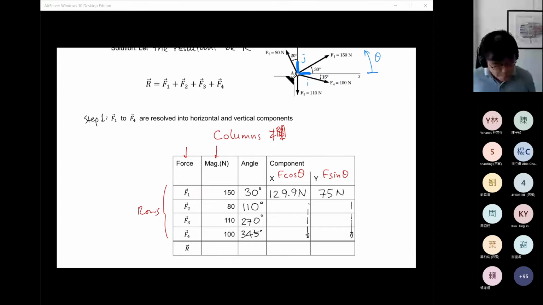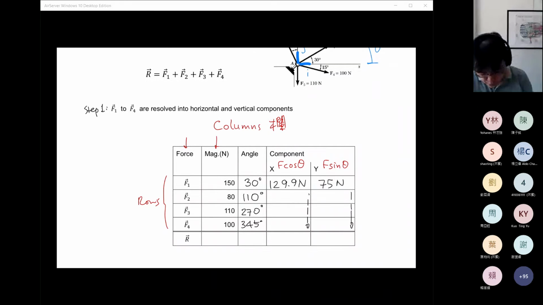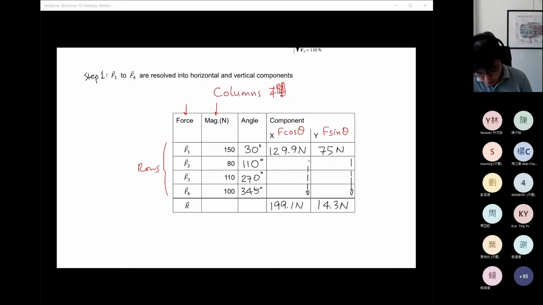Now, after you fill in the table, I think you will get these two, because we have addition here, right? And then we add this, and the sum is this one.